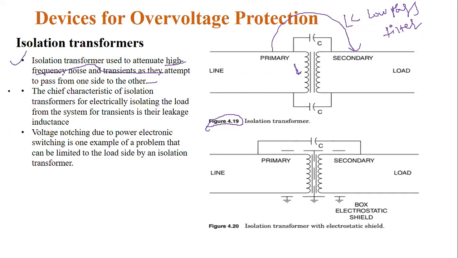What are the characteristics of an isolation transformer? Electrically isolating the load from the system for transients is the leakage impedance. Then what is the voltage notching? You know that notches. See this.